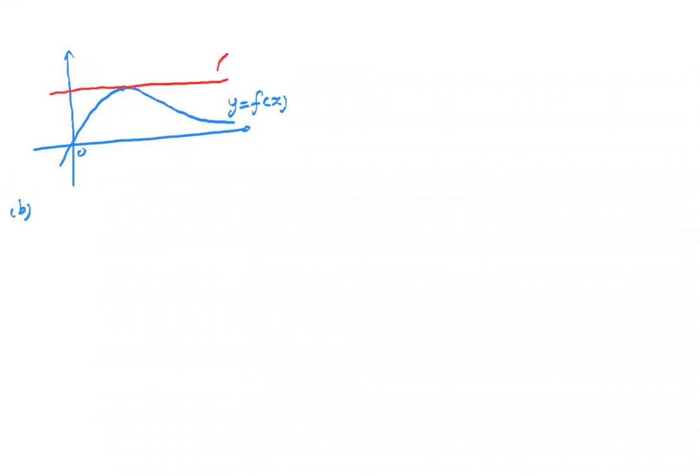I get what is called the horizontal tangent, correct? So that means the f prime x at point A will be 0.